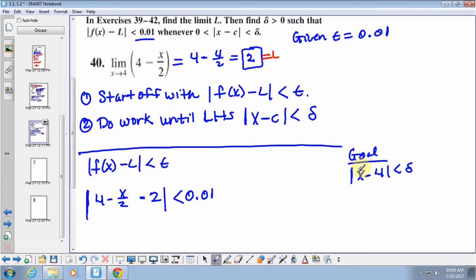Okay? So you start off with the absolute value of f of x minus L is less than epsilon. You work that left-hand side until you get the absolute value of x minus c. Well, we need to have a mental note of what x minus c is. So that's our goal. We need an x minus 4 over here. Well, how do I get x minus 4?